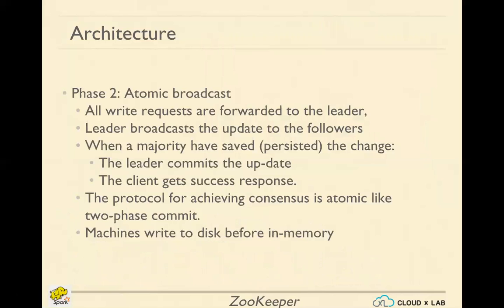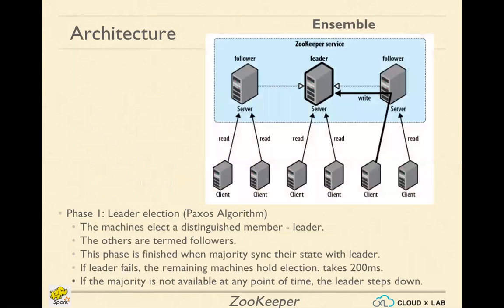A question from Manu. Was I able to answer your question? Okay. Ravi's question is, what difference does it make if it is a leader or follower if all machines are serving the request? The followers are serving only read requests, while the write or modification requests are served by the leader. Say this client wanted to modify some data. It went to the follower.